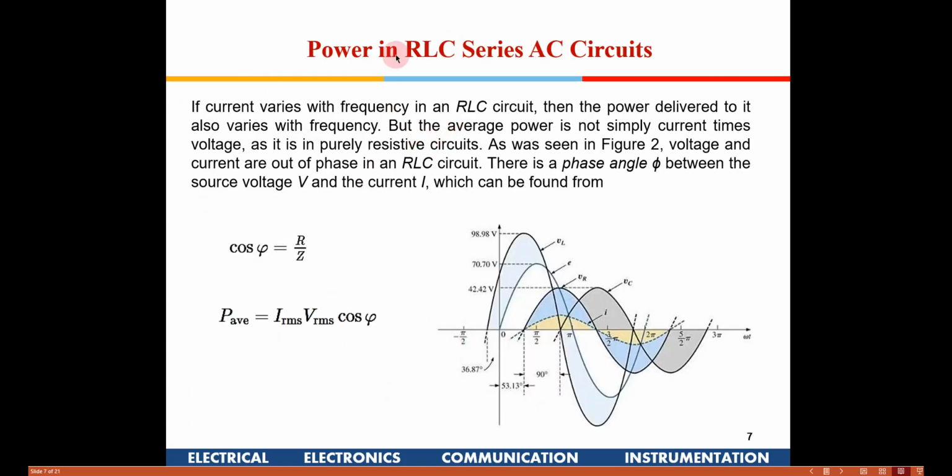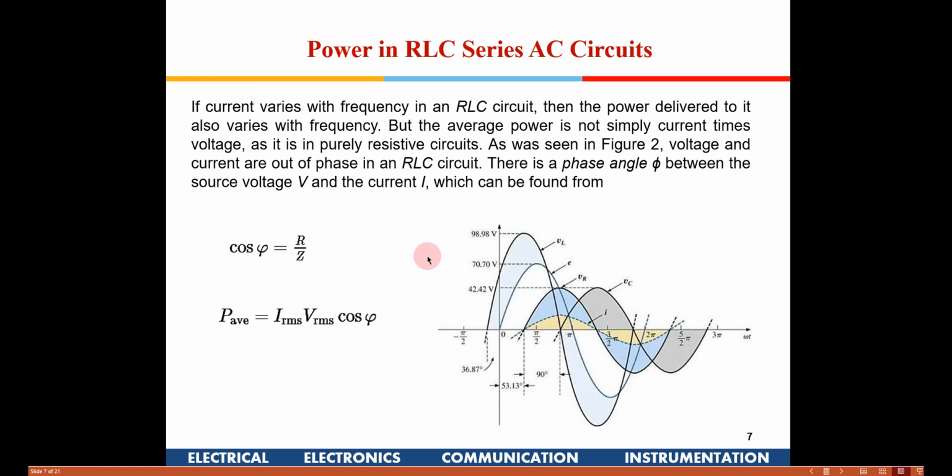And also now, how to compute the power in a series RLC circuit. For a pure inductor and capacitor, the power was 0 because the current would flow exactly at 90 degree lead or lag with respect to the applied voltage. So the power was IRMS, VRMS, cos phi, where phi was either plus 90 or minus 90.